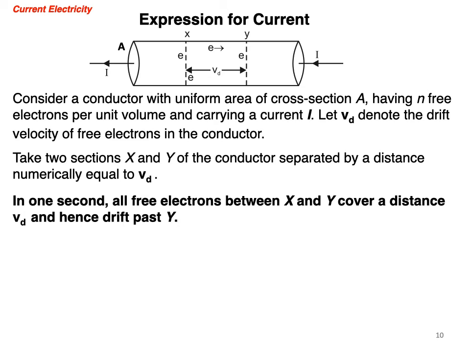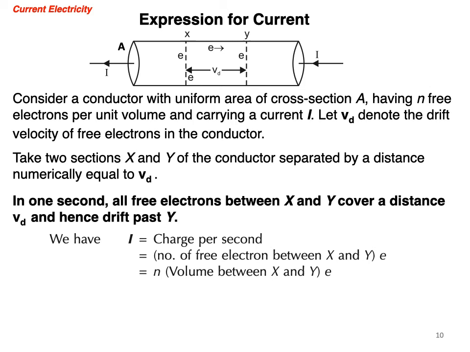In 1 second, all free electrons between x and y will cover a distance Vd and hence drift past y. So these electrons drift past y, that is against the direction of current. The maximum distance which the electron can cover in 1 second is Vd. So all electrons which are present between x and y will cross y in 1 second.